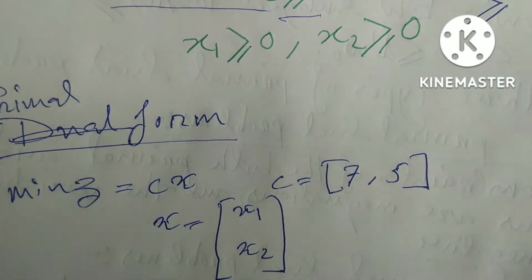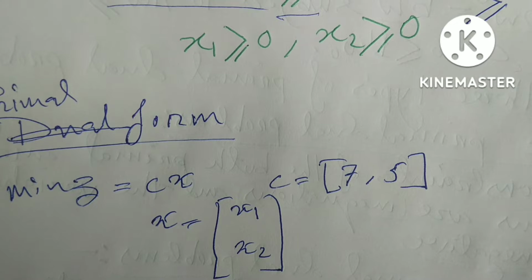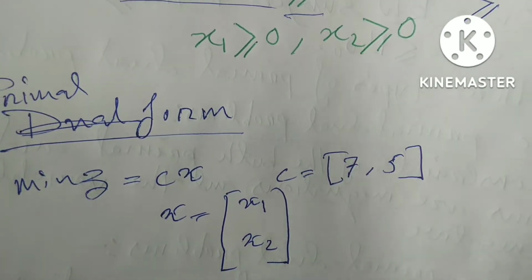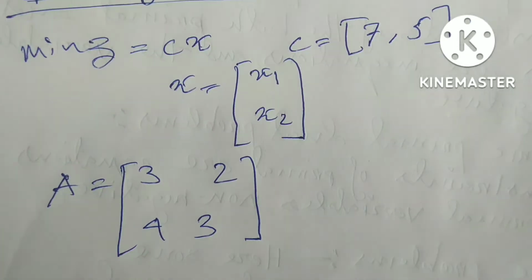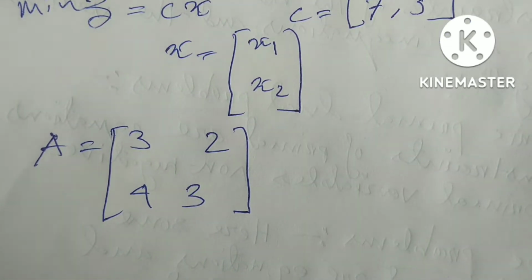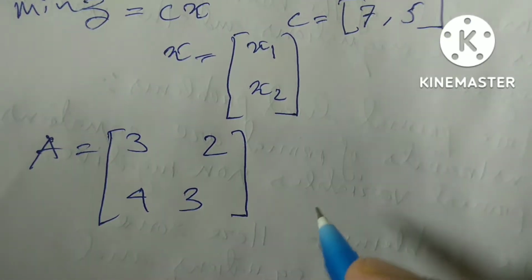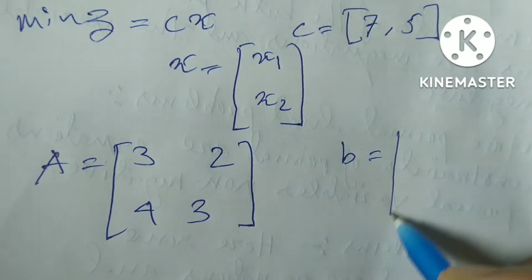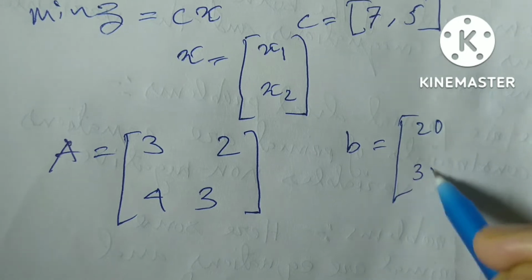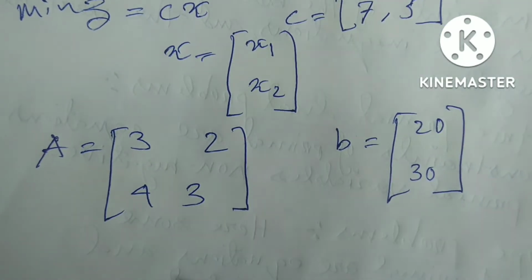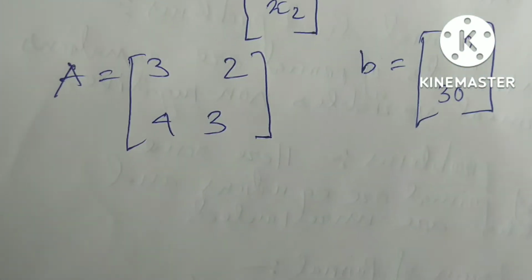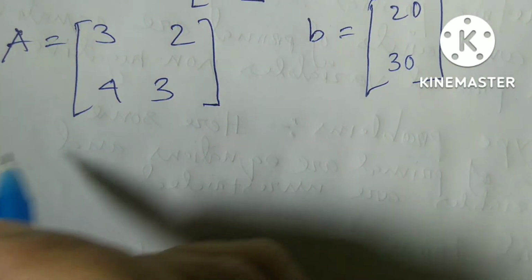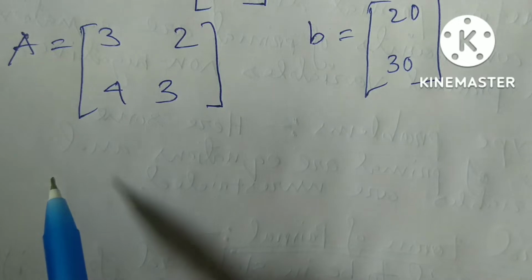Matrix A = [3 2; 4 3]. This is my matrix, and B = (20, 30). So friends, C = (7, 5).